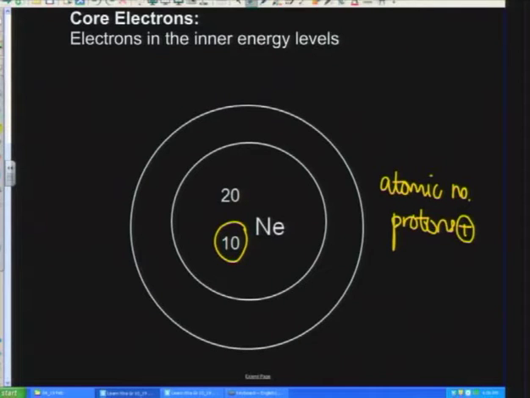The 20 represents the atomic mass, and I'm going to change color to indicate that it would be atomic mass. And for atomic mass, you are thinking that is the protons and the neutrons.